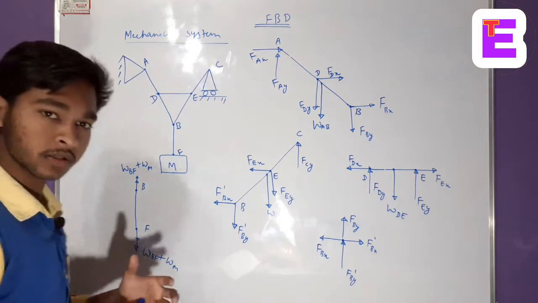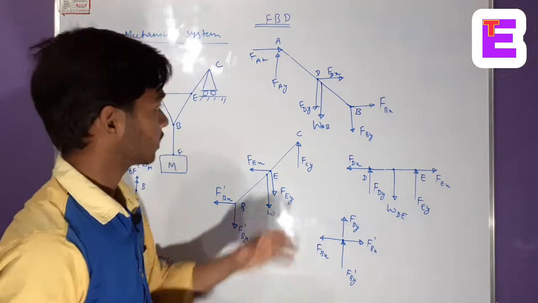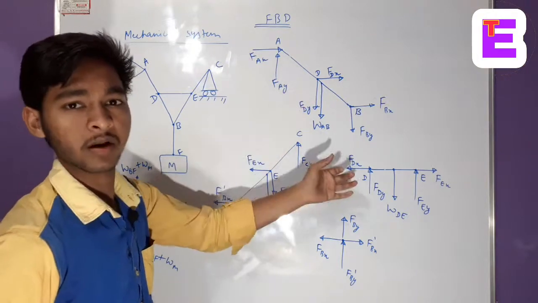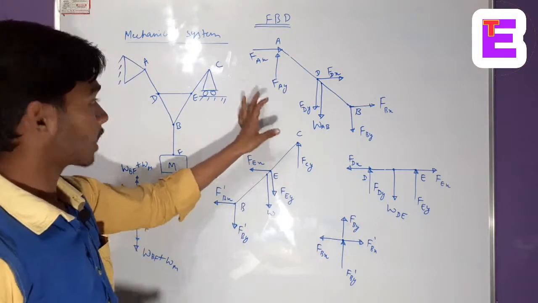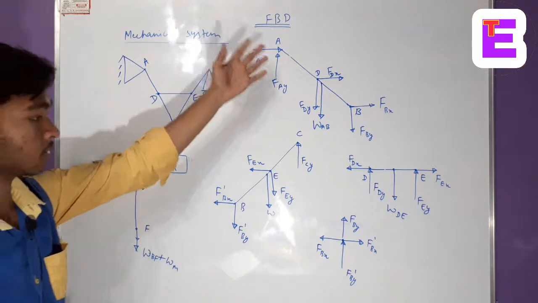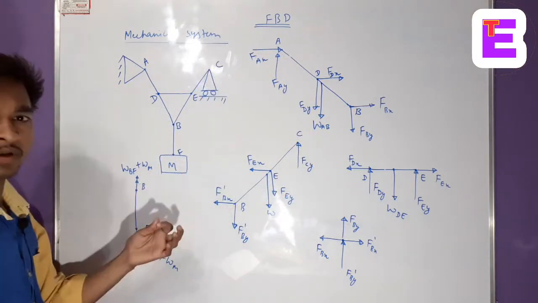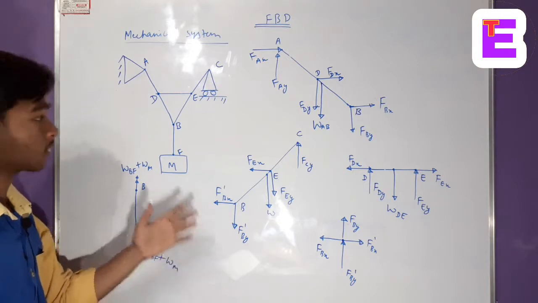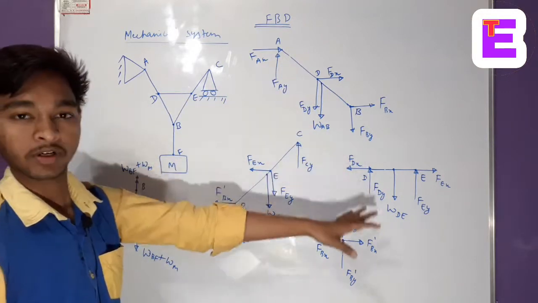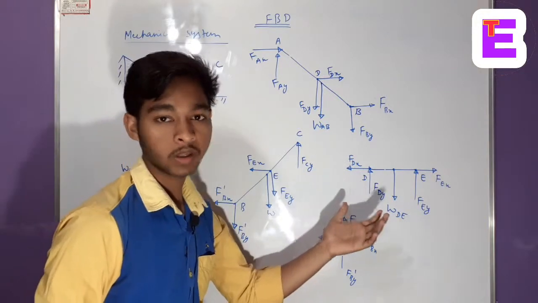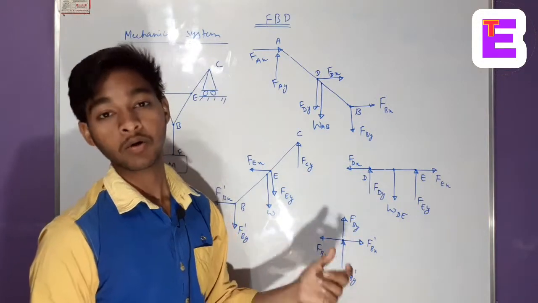So now you will appreciate the benefits of this free body diagram, because if we try to solve this mechanical system without doing all this, it will be very difficult to solve without using this free body diagram. Now after drawing the free body diagram, you can analyze any part of this system.